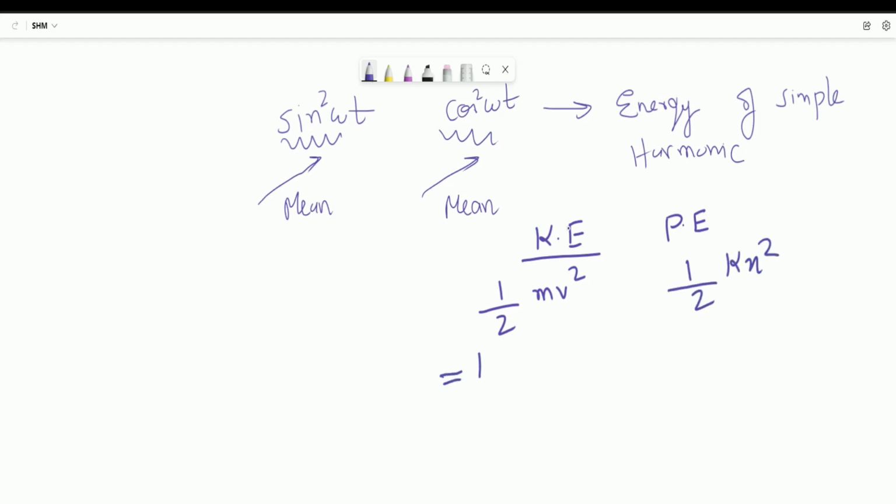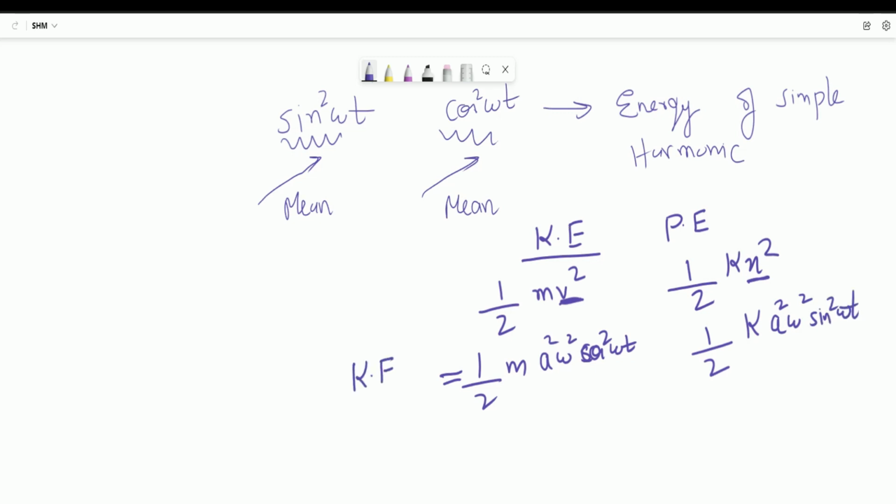You can write this as half m, and since this is the instantaneous velocity at any time, you can replace it with a square omega square cos square omega t, and x, which is the displacement and is also instantaneous, can be replaced with a square omega square sine square omega t, right? So this is the expression of instantaneous kinetic energy, and this is the expression for instantaneous potential energy, right?